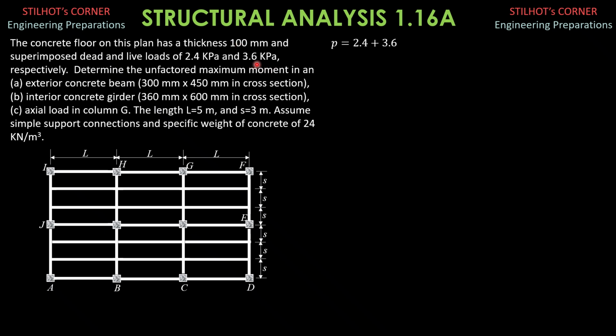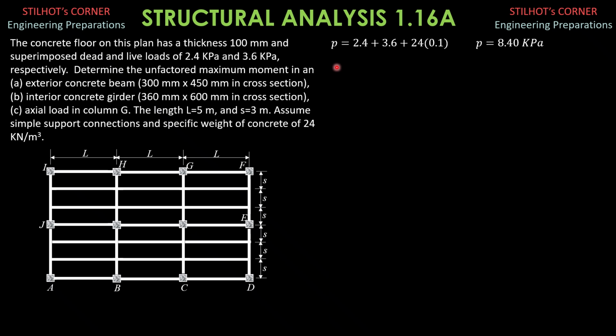So pressure is 2.4 plus 3.6 plus 24 kilonewtons per cubic meter times 0.1. This is the equivalent pressure for the weight of the floor, and it is equal to 8.4 kilopascals.